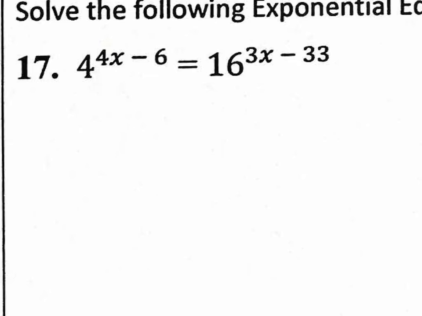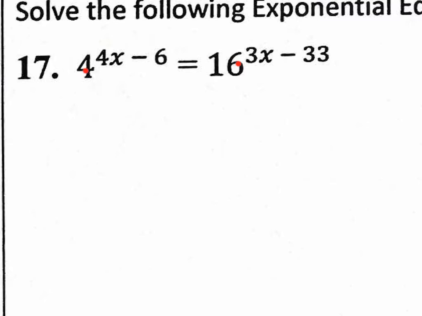So I could, if I wanted to, change this to a 2 squared and change this to a 2 to the 4th. I could get the same base 2, but that would actually make numbers a little bit bigger because the 4 and the 16, I could actually change the 16 to become what? 4 to the 2nd. So since this is already 4, you might as well just change this to 4 to the 2nd. You'll be good to go.